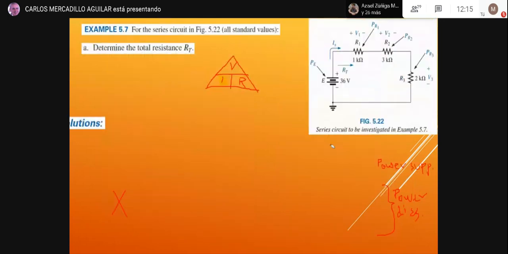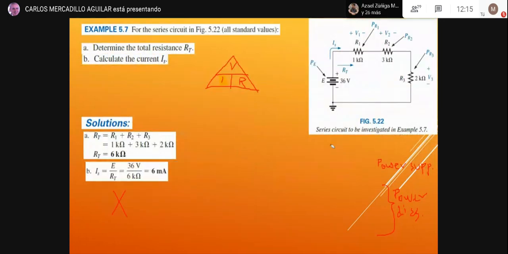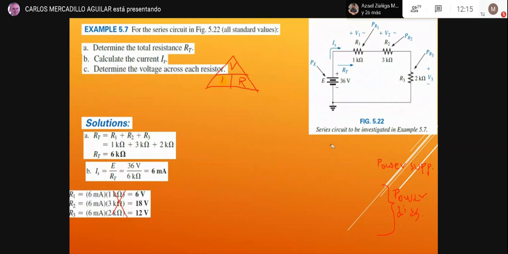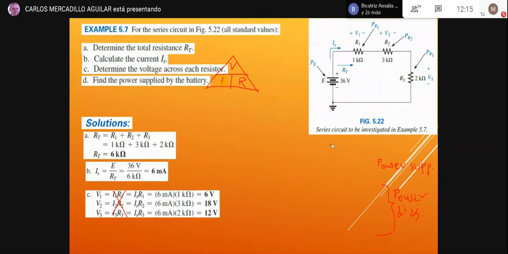Let's see. Power supply. Okay, we have here this formula, 36 times 6 milliamperes.